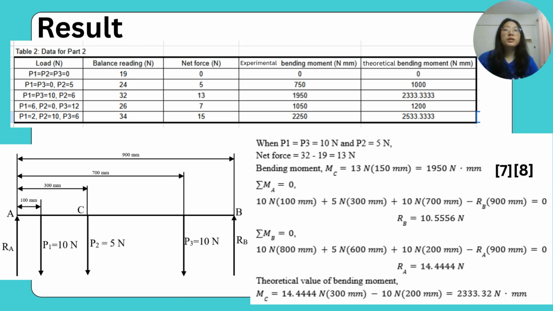We use the same method to calculate the experimental bending moment and theoretical bending moment. From the table we can see the difference between the experimental bending moment and theoretical bending moment is not so big. So we can conclude that our experiment is quite reliable and quite accurate.